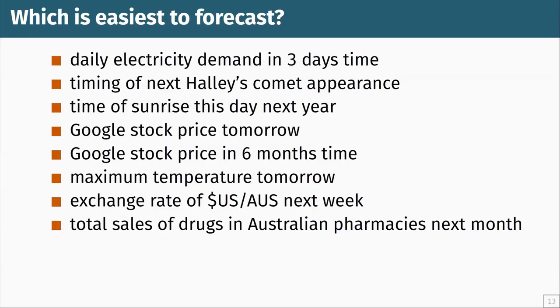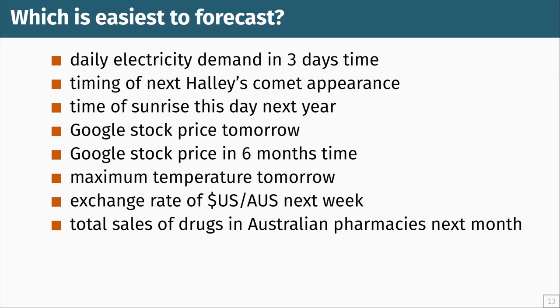So here's a bunch of things that people try and forecast, and I want you to spend 30 seconds thinking about which of these is the easiest and which is the hardest. Can you put them in some kind of order of what's the most difficult and what's the easiest to forecast? So things like what I've talked about: stock prices, exchange rates, electricity demand, pharmaceutical sales, but also astronomical things like Halley's Comet, time of sunrise, and so on.